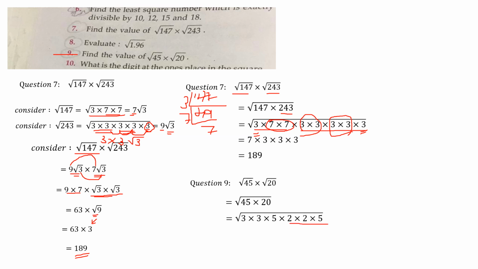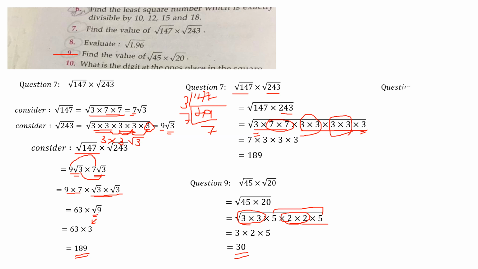Then by grouping, this has a pair, and this has a pair, and this 5 and this 5 have a pair, so it's 2 into 3 into 5, where after multiplication 3 2s are 6, 6 into 5 is 30. The simplified form, or the product of root 45 into root 20, is nothing but 30.